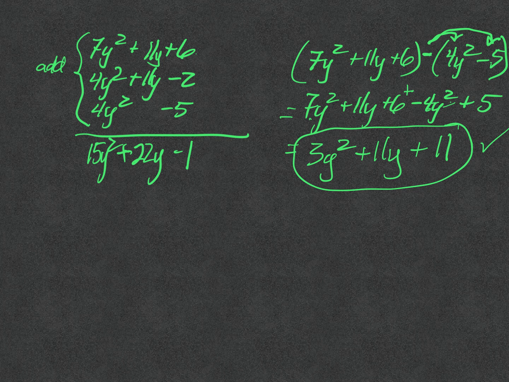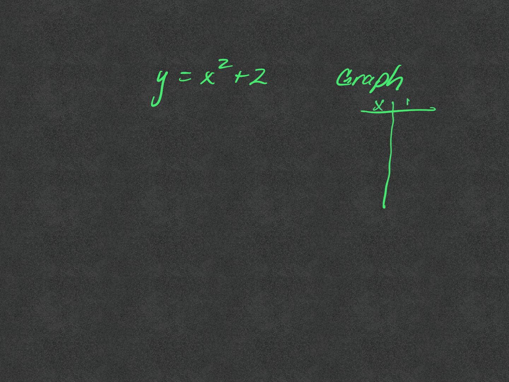Now, there's one other thing in this chapter they want you to do. They give you something like this, y equals x squared plus 2, and they want you to graph it. And so to graph these, we're going to start off by making a table to graph a polynomial. And we're going to pick values for x, like the y-intercept.